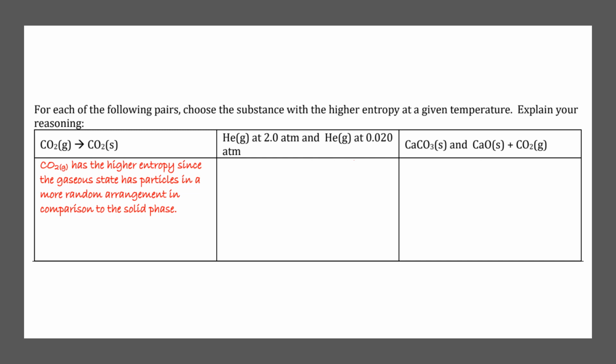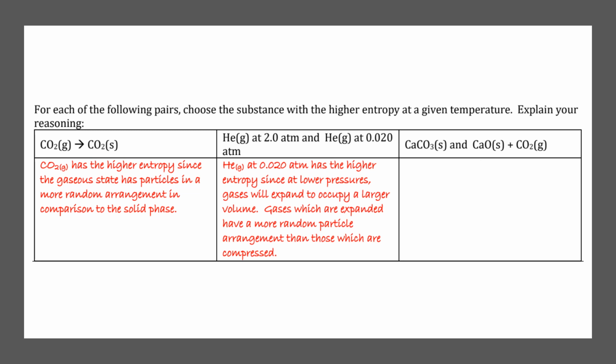Next, we have helium at 2.0 atmospheres and 0.020, they're both gas. So of the two, which is going to have the higher entropy? Most likely it's the one with the lower pressure, which means it has greater volume.